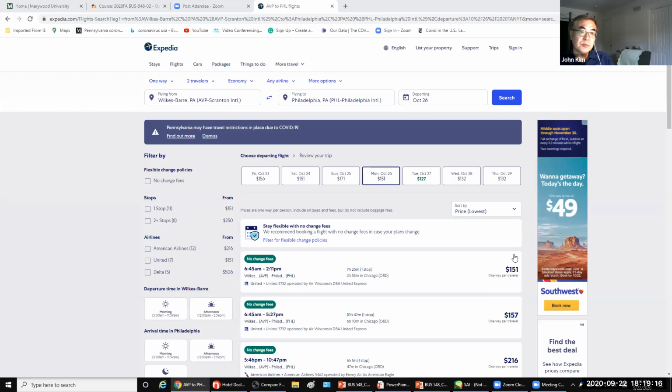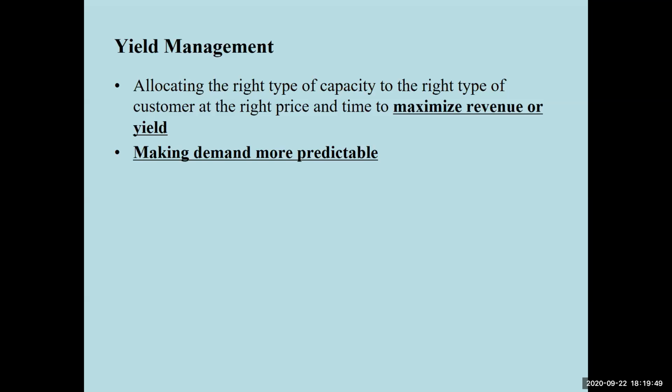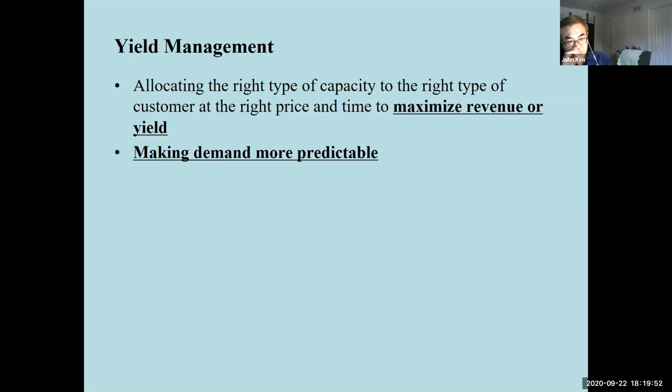Another example of yield management is in Manhattan. To park in a parking garage for 1 hour in Manhattan, how much is it? Do you know how much it is to park in Manhattan, New York? Probably like $30. About 20 years ago, it was $20.